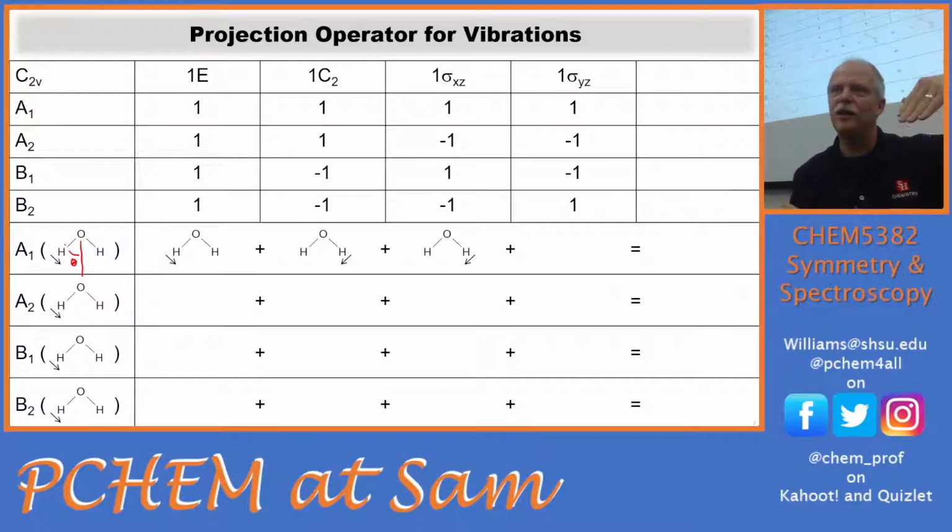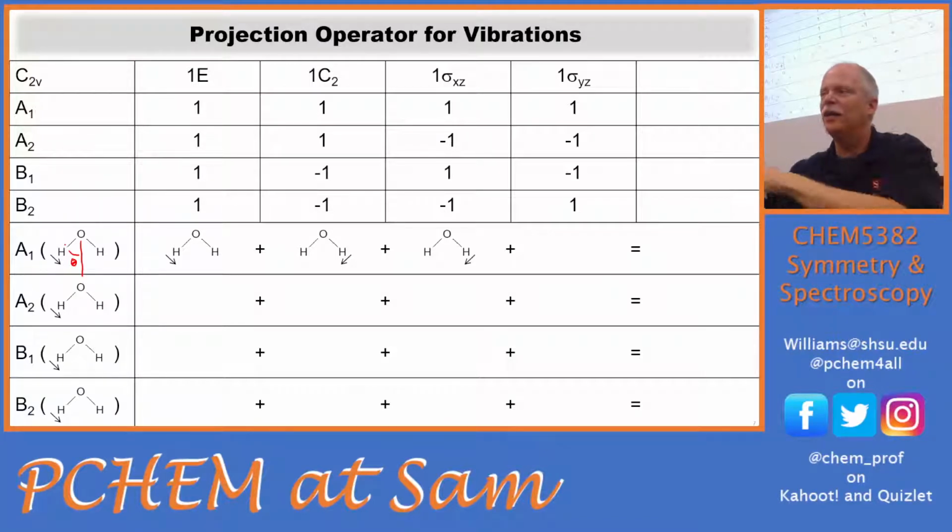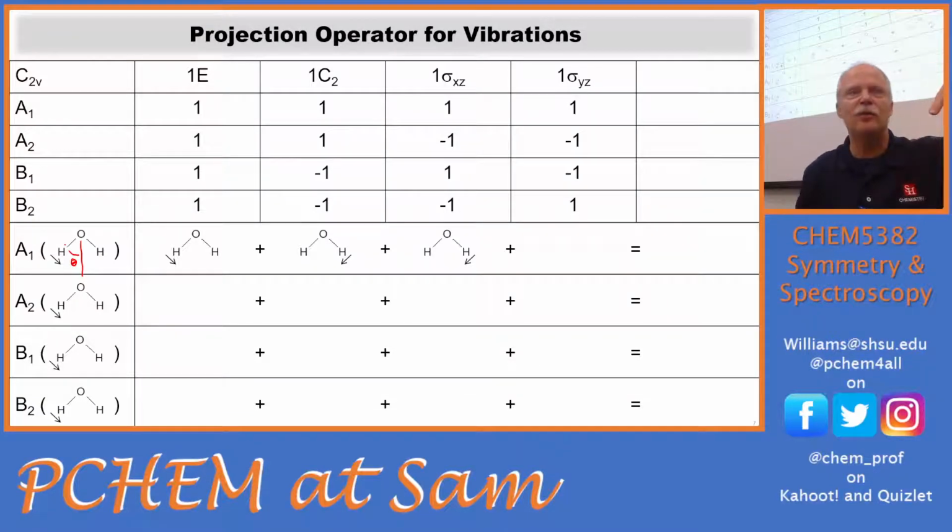But like if I'm moving the hydrogen, I just have to pick one hydrogen to move. And then if it's going to join with other hydrogens, the symmetry elements will move it around there. Like I didn't have to start with two arrows. I just started with one. And then that C2 moves it to the other one. And then the reflection moves it to the other one. And so on. So the character table will take care of all of the places that arrow will show up.